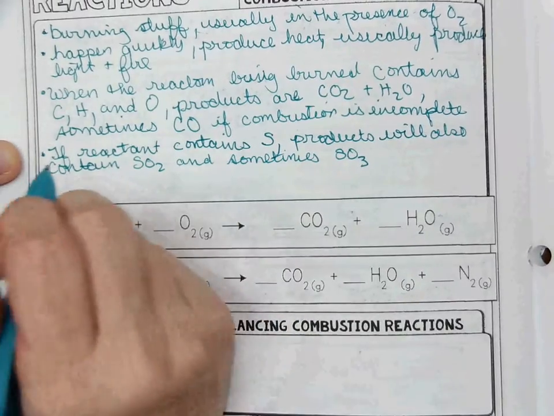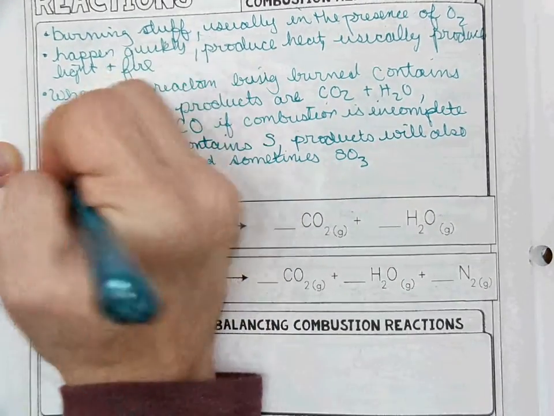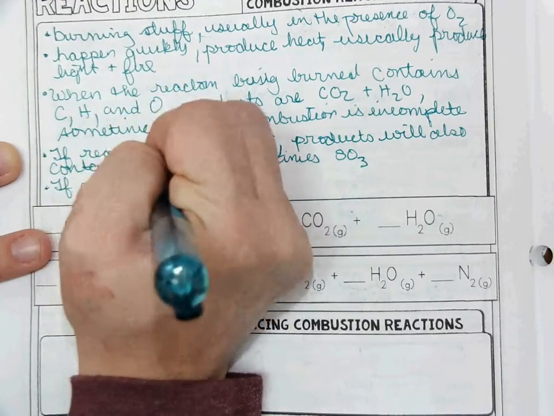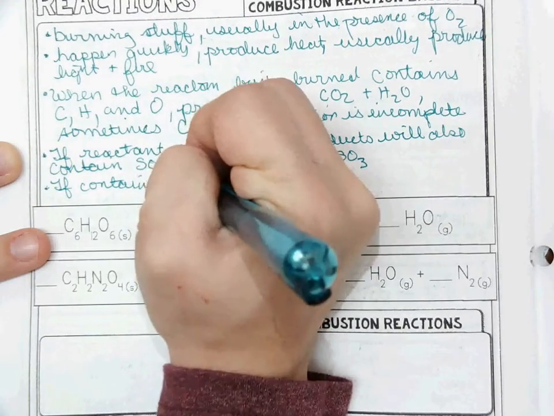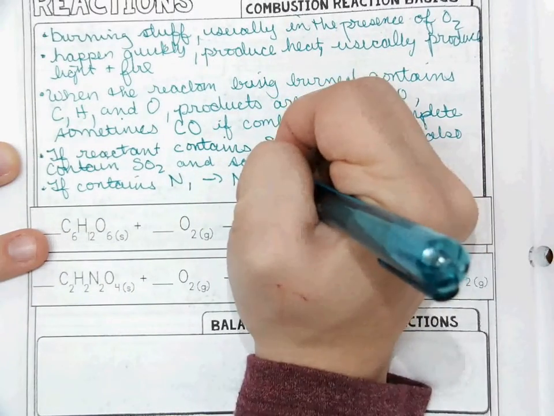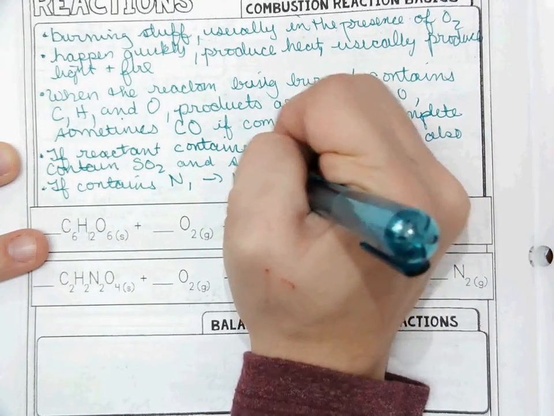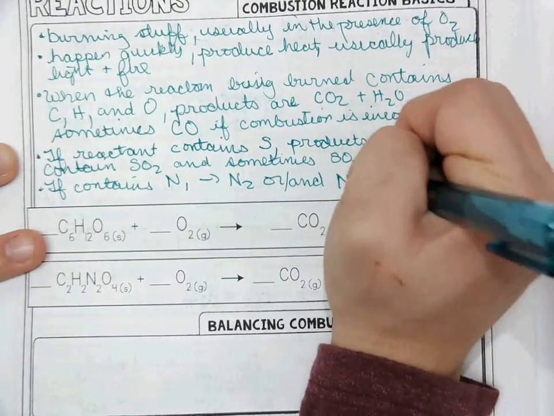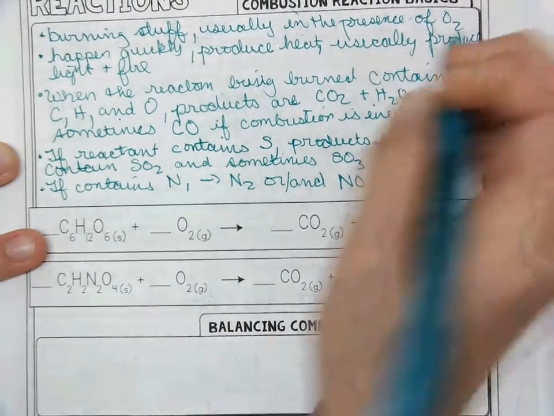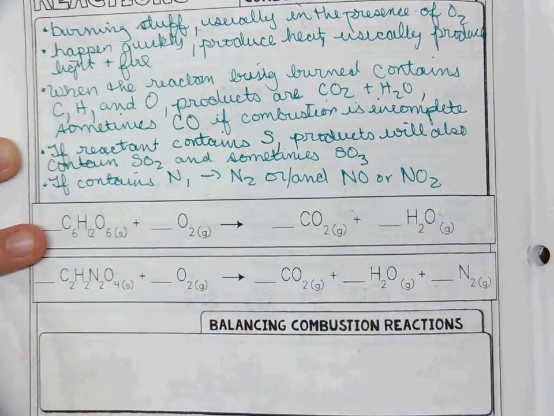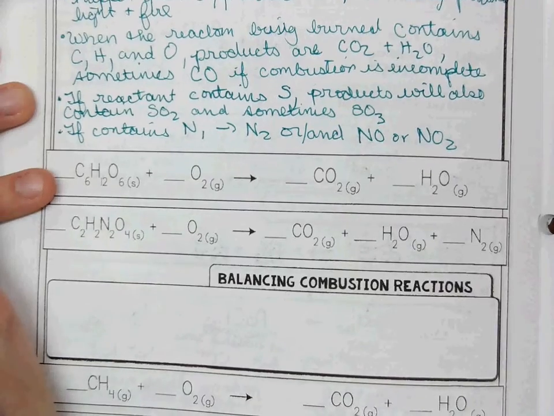Okay? If it contains nitrogen, you're going to get N2 and/or NO or NO2. Right? Mainly you're going to be looking at where your products are CO2 and H2O. Okay?